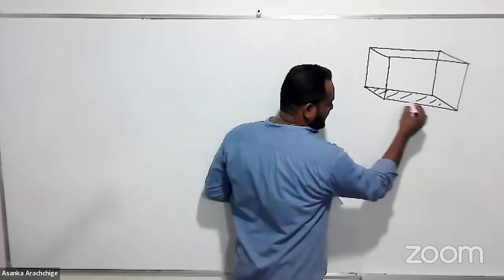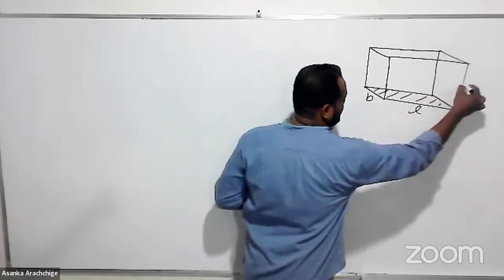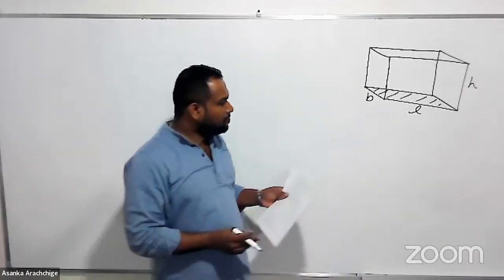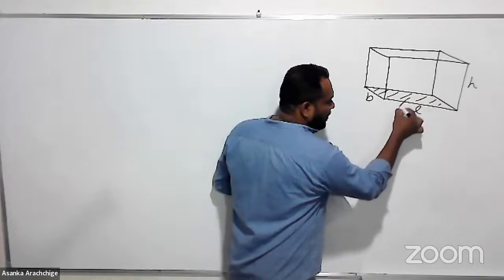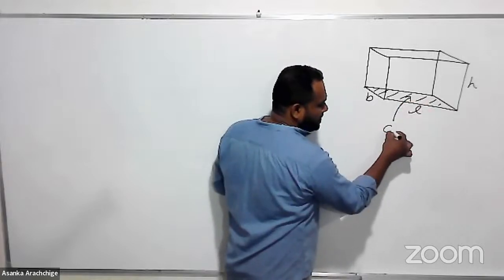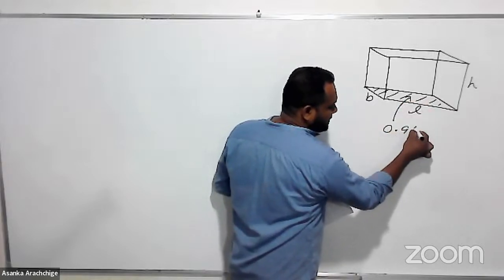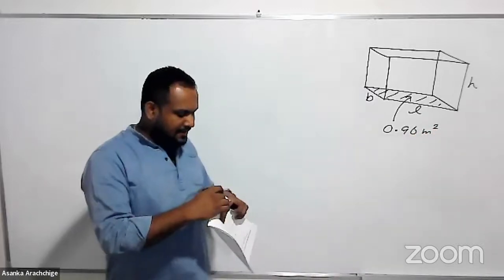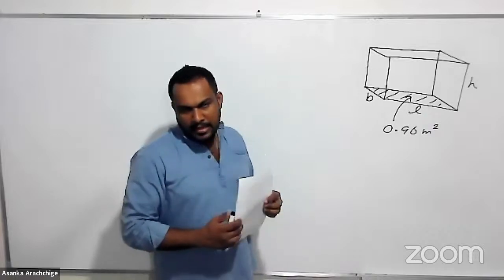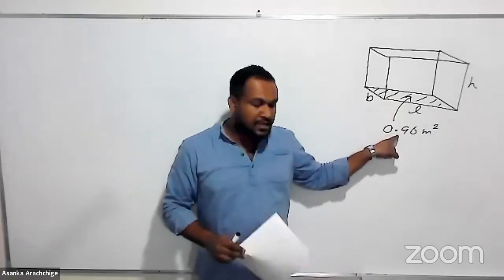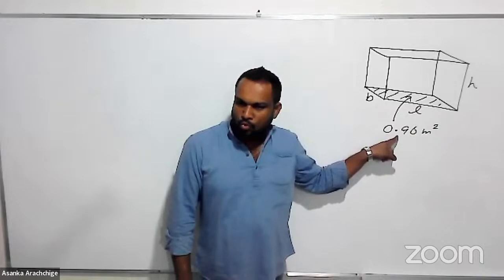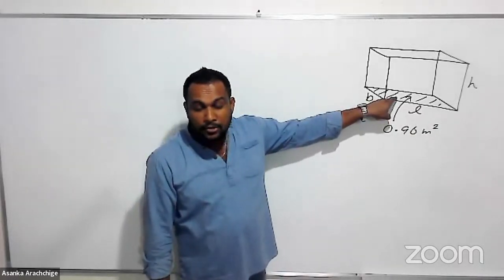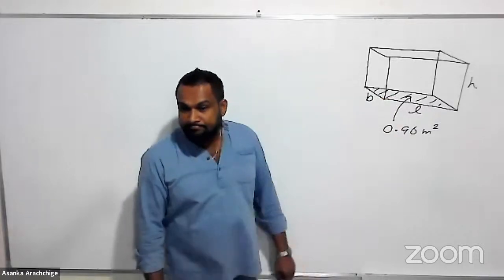If the length is L, breadth is B, and the height is H, then tell me, what is the area of the base of this kind of tank equal to? What is the area of the base of a cuboid equal to?